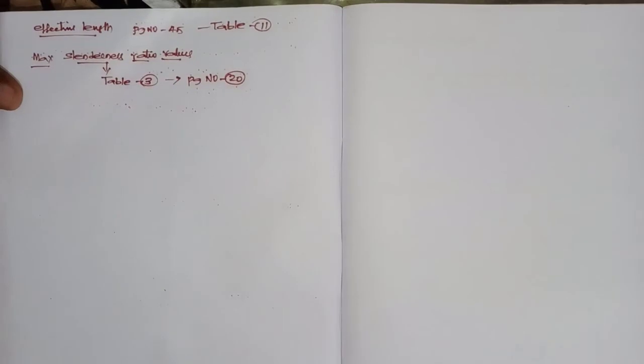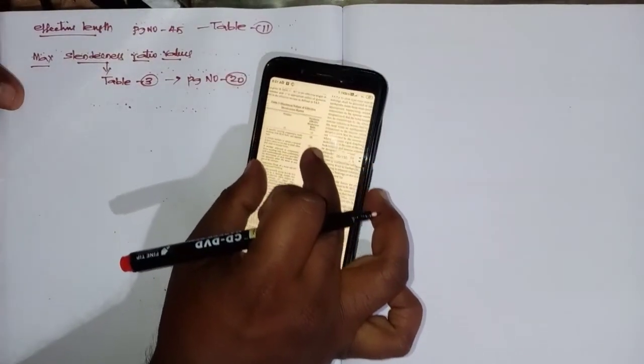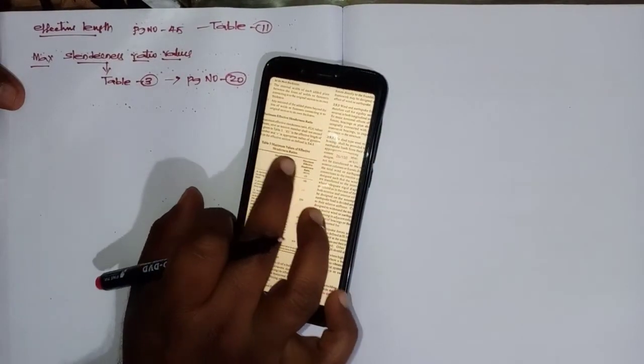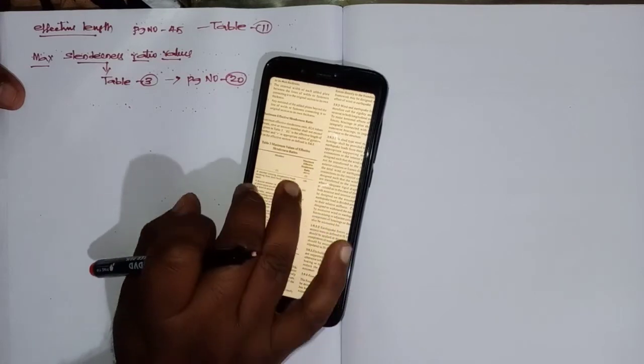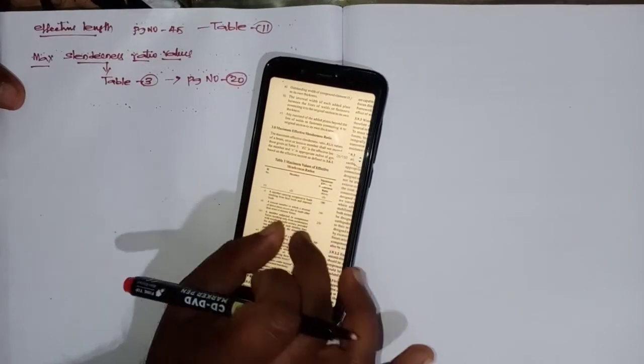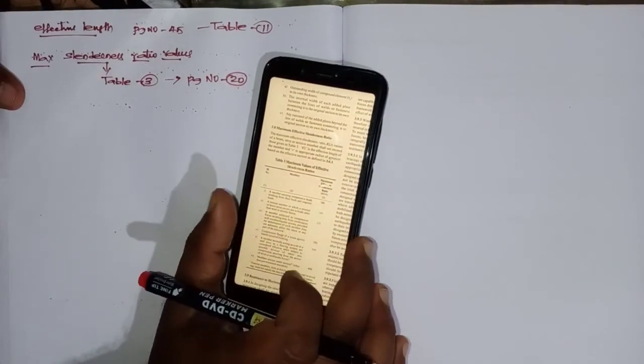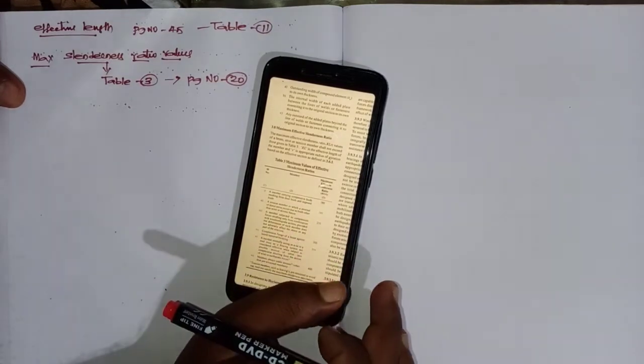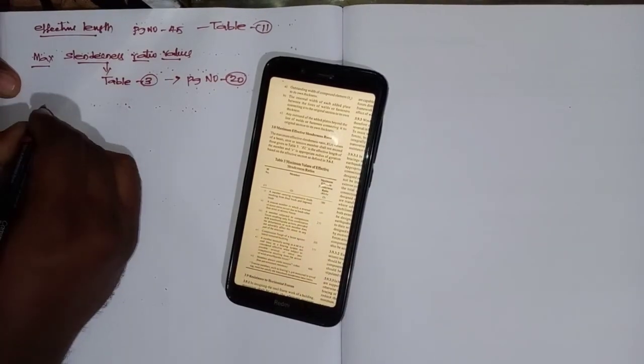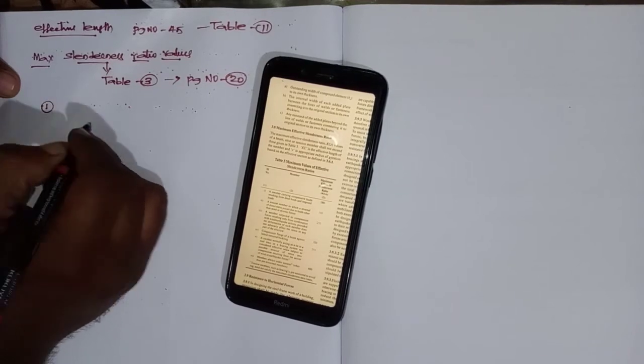If you see this one, maximum values of effective slenderness ratio, in that you will have values for both tension and compression. As we are dealing at present with compression, you are supposed to take these values only.